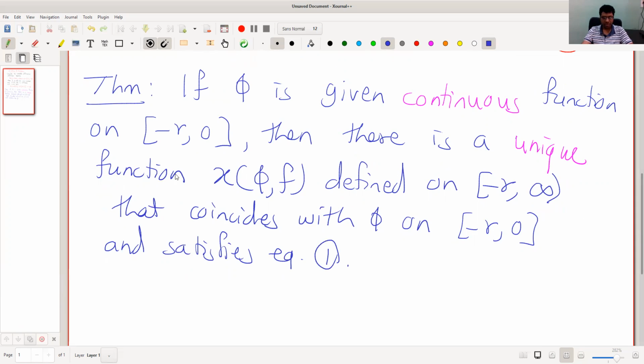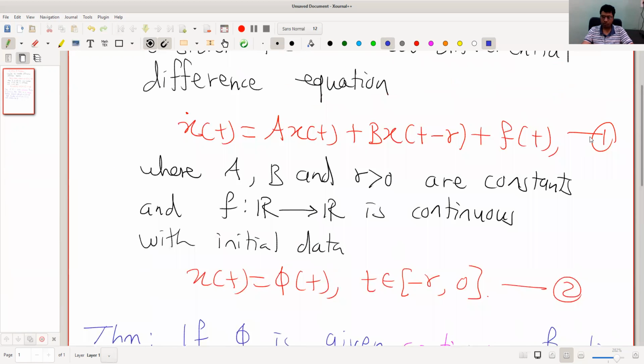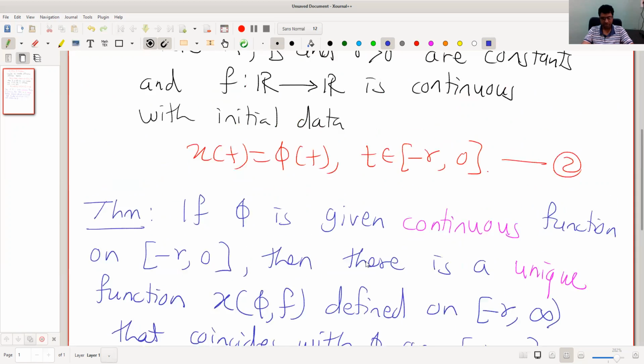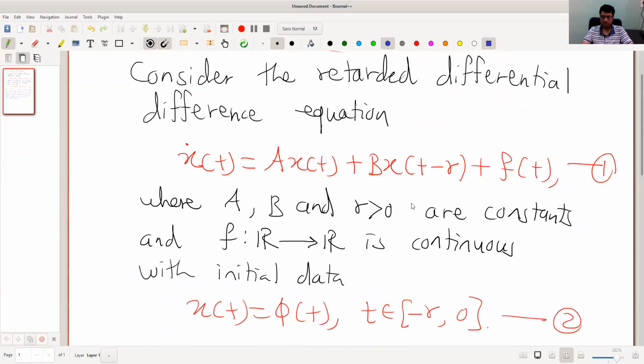That means there exists a unique solution to this problem 1 and 2. This x coincides with phi and satisfies equation 1, which means this function x is the unique solution of this initial value problem 1, 2.